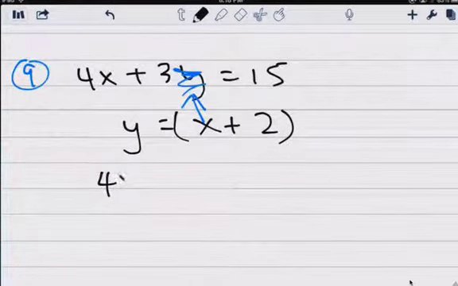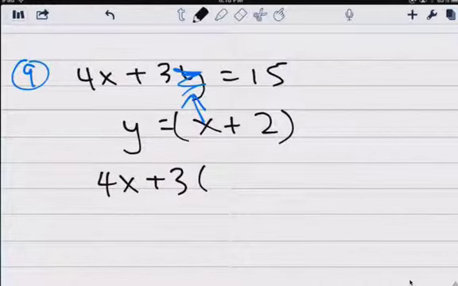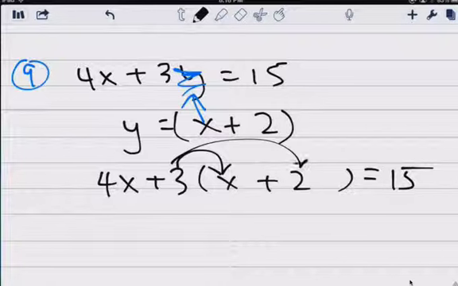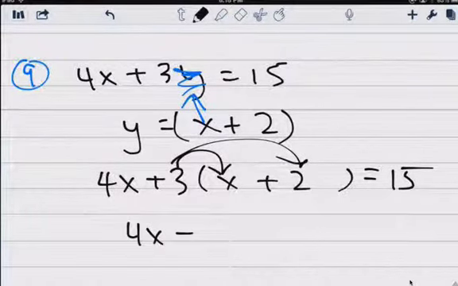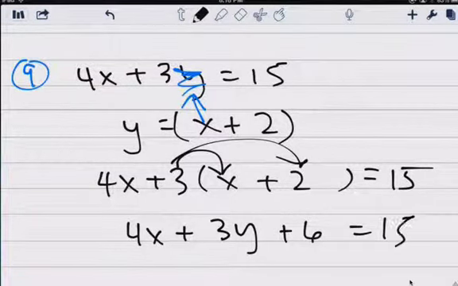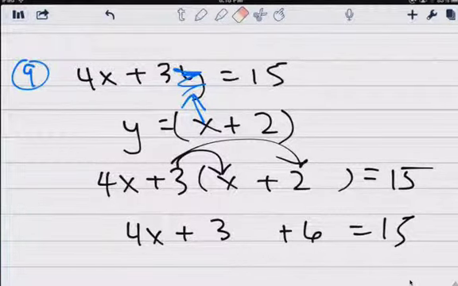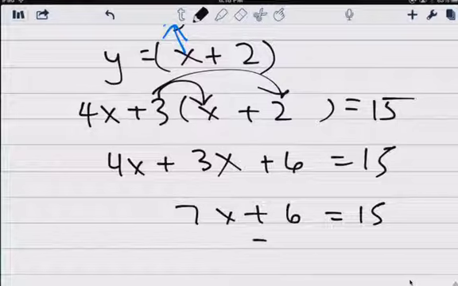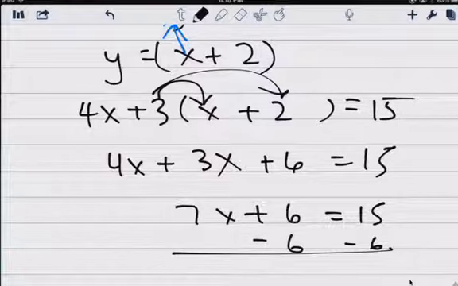So you got 4x plus 3 parentheses x plus 2 equals 15. Okay, distribute, distribute. Got 4x plus 3x plus 6 equals 15. Got 7x plus 6 equals 15. Minus 6 minus 6. Uh-oh, I made a mistake again.